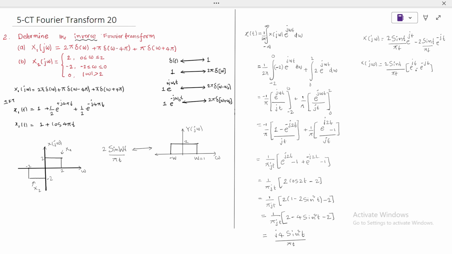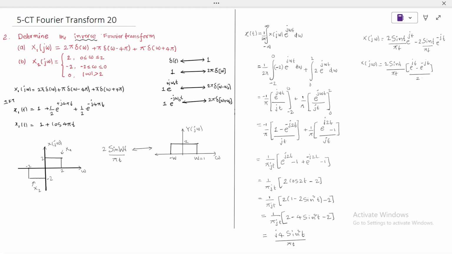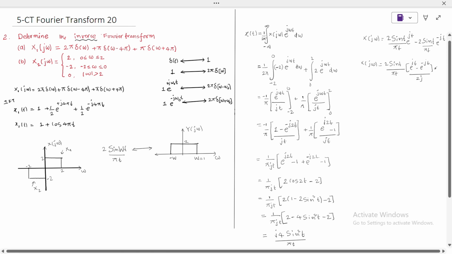So this is equal to 2 sin t. Sorry, here it should have 2j and 2j. So 2 sin t into sin t into 2j by pi t.